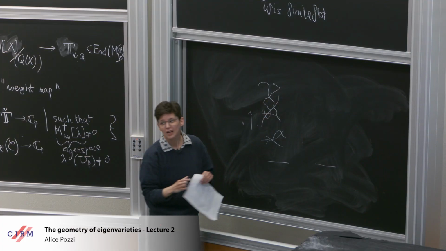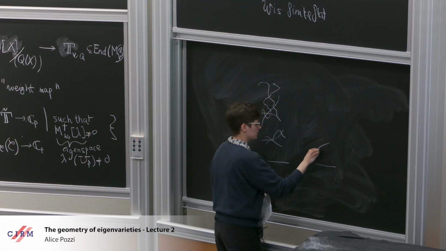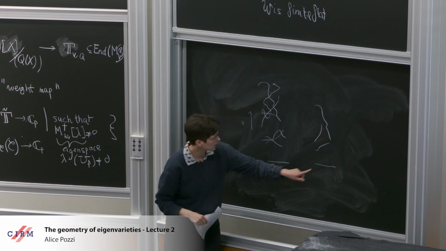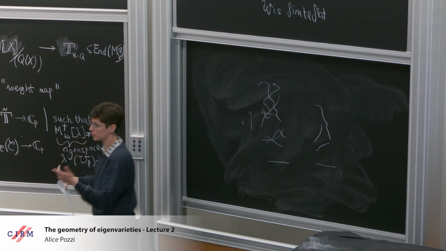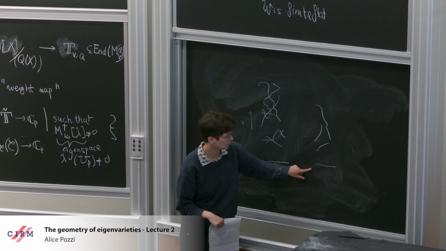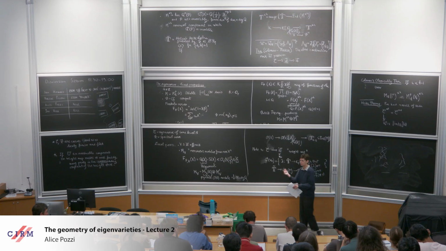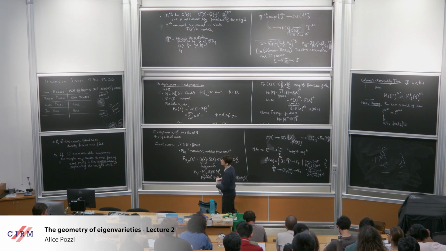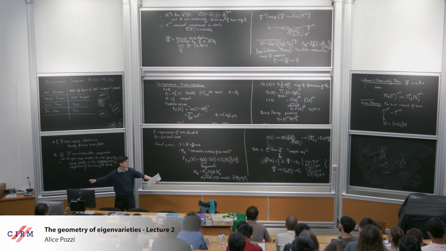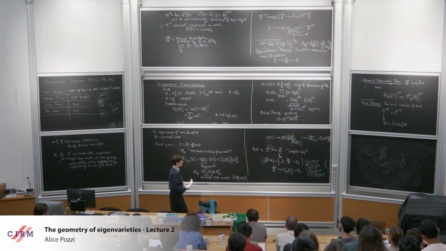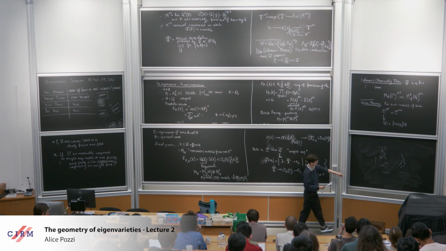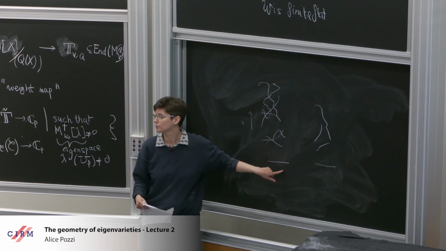We don't know. One thing we do know, and this happens on all components, is what are the points that we are missing for each component when we map onto the weight space? We might miss a few points. Those points arise from the fact that when we write down our Fredholm series, in general, we will have some coefficients that are given by functions over affinoids on the weight space.